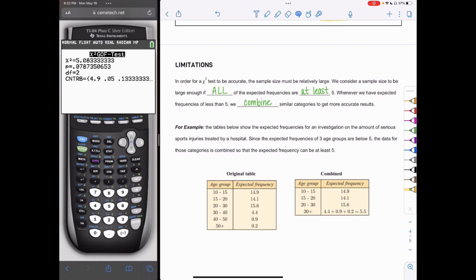So anytime you have expected frequencies below 5, you have to combine categories and then start your process over as far as finding your chi-square calculation or statistic and finding your critical value of the merged data.